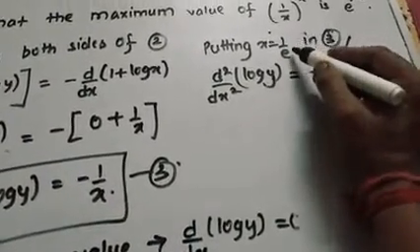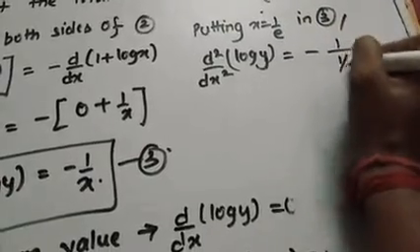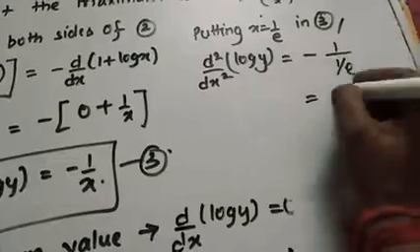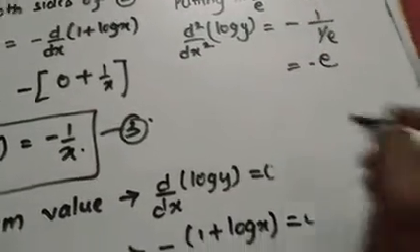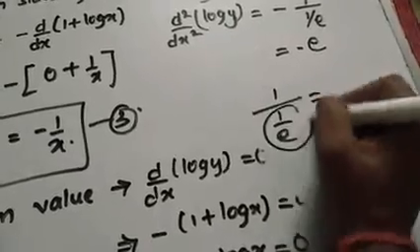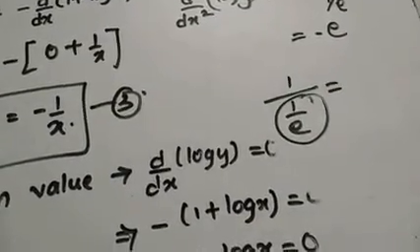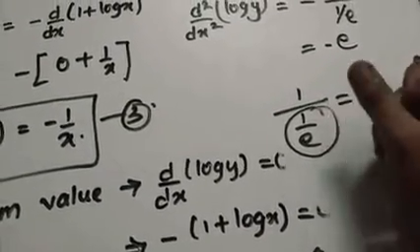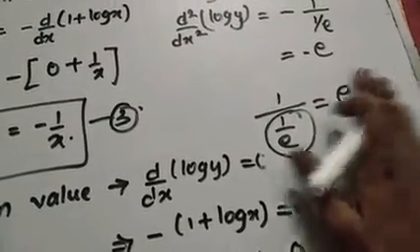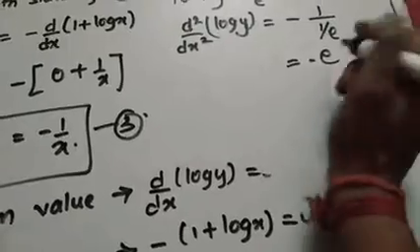What is our x here? We have to put 1 by e. So 1 by e, if this goes to the numerator, it finally becomes minus e, because the reciprocal of 1 by e is e.